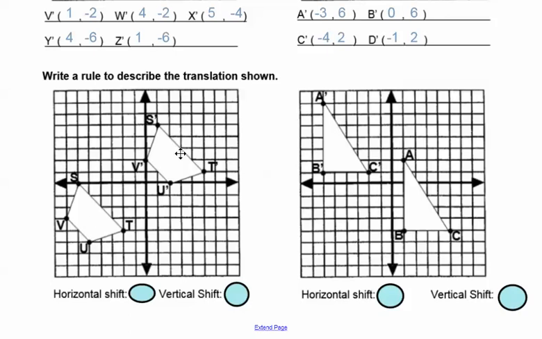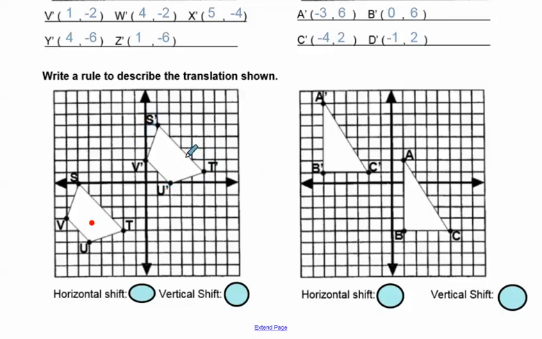It looks exactly the same, but we're moving right and then up. This is my pre-image because this one doesn't have the tick marks. Over here, the little tick marks, that's my new image.